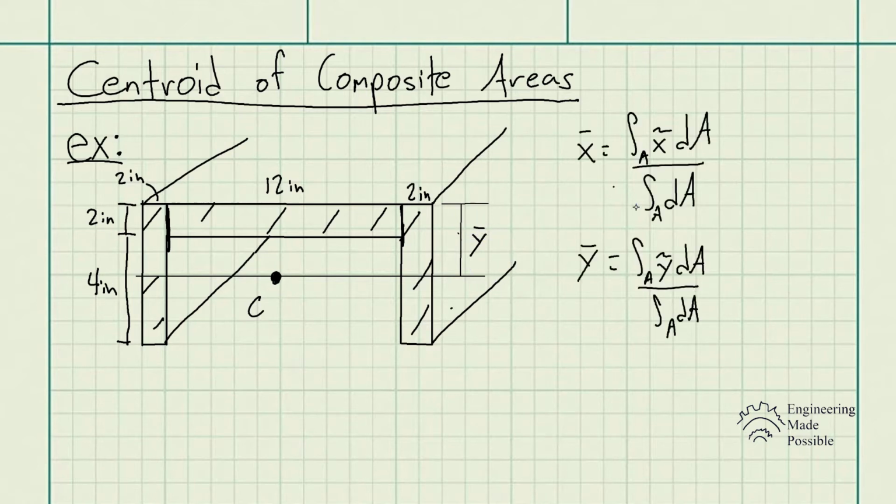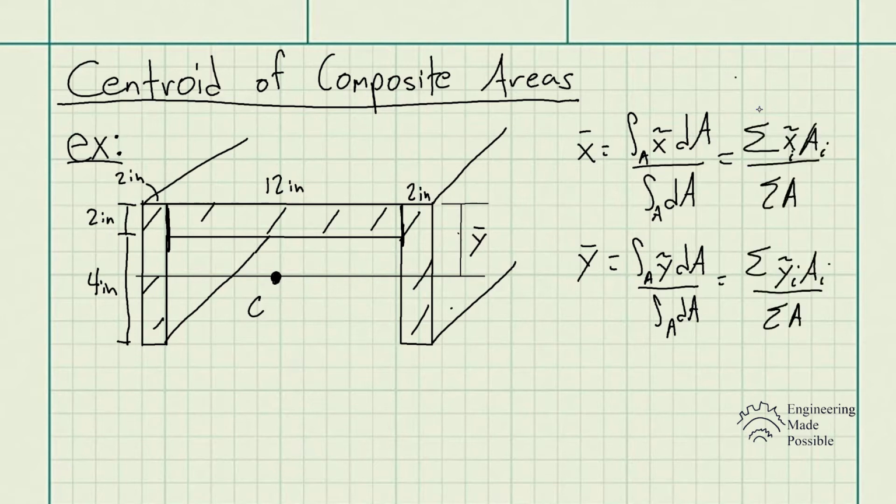Remember the previous equations that we used to solve for the centroid of areas. In this case, since we know the areas of these simpler geometries, which are just rectangles, length times width, instead of integrating, we already know the formula for the areas, so these equations simplify further.